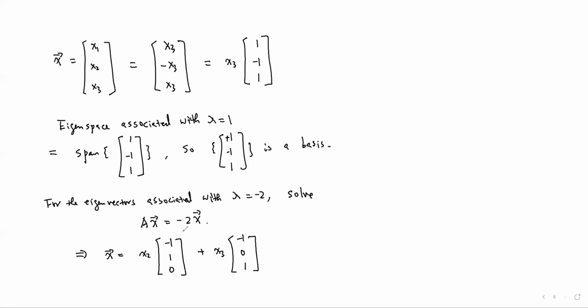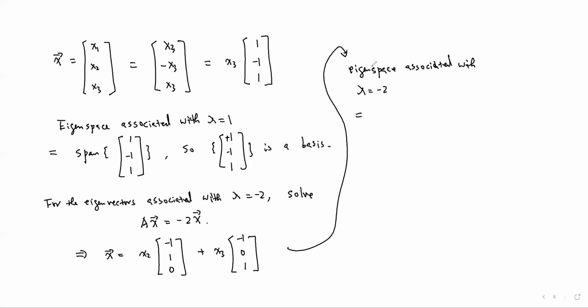The eigenvectors are spanned by these 2 vectors. So here the eigenspace associated with the eigenvalue negative 2 is the set of eigenvectors plus 0. It is the span of these 2 vectors.